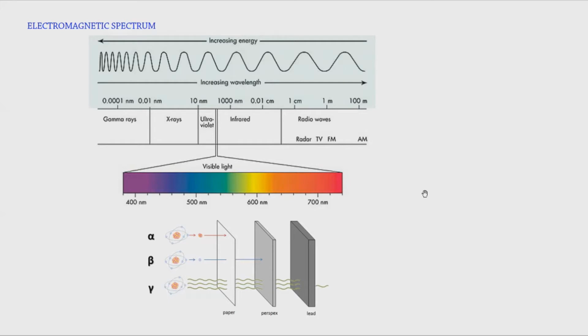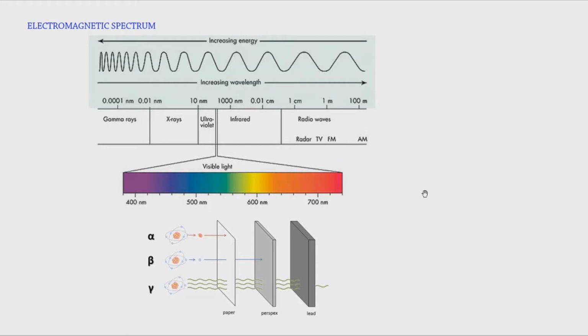And to give you some idea of how this radiation works, if the wavelength is high, meaning the wavelength is very long, around, let's say, 100 meters, these wavelengths are actually very low in energy. So as the wavelength increases, the energy decreases.